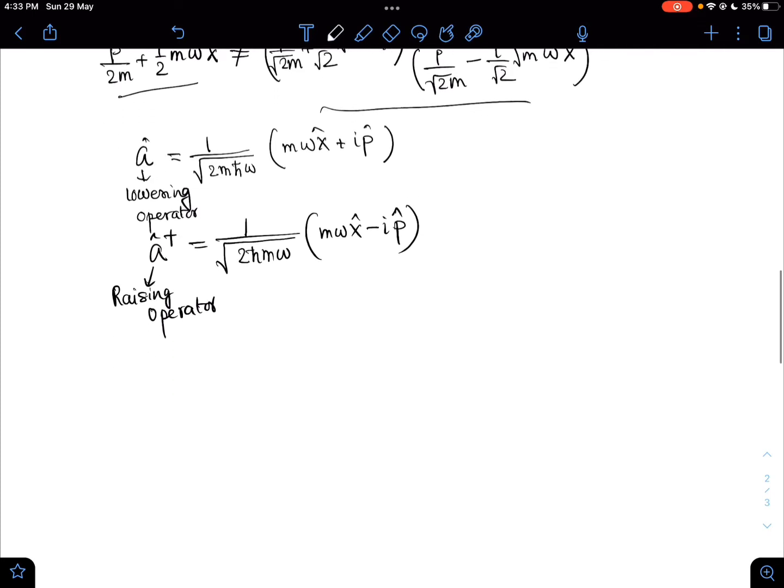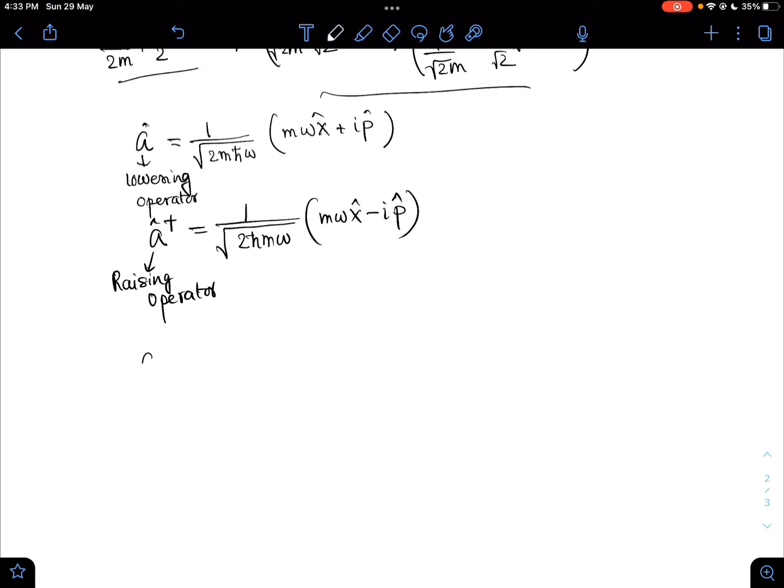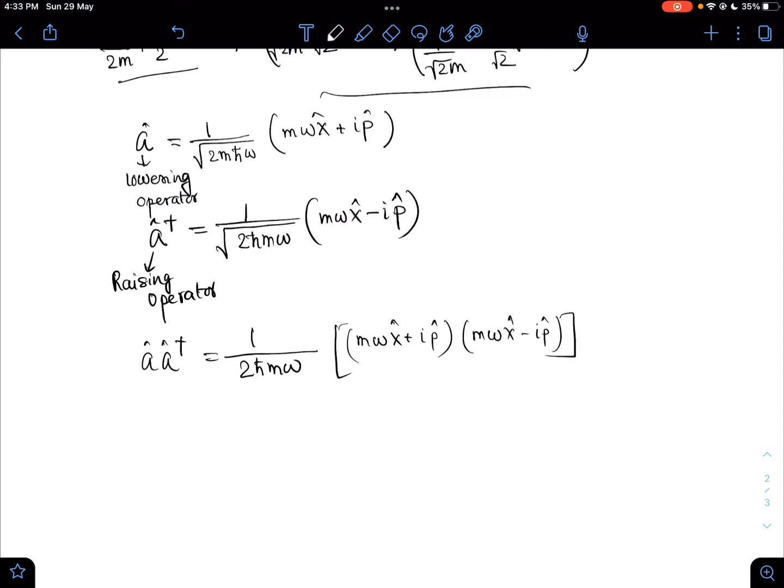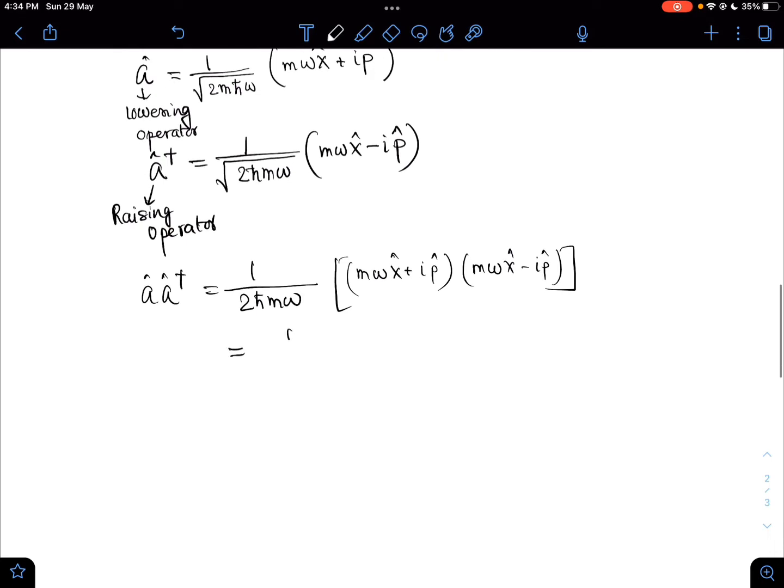Now let us calculate a dagger a. What will be its value? We have 1 over 2 h bar m omega, and here we have m omega x minus ip and m omega x plus ip.